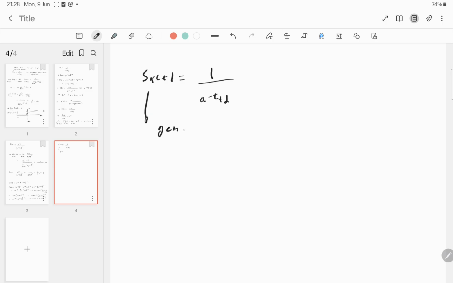These are called generalized sigmoid functions, and there is research work and literature available.